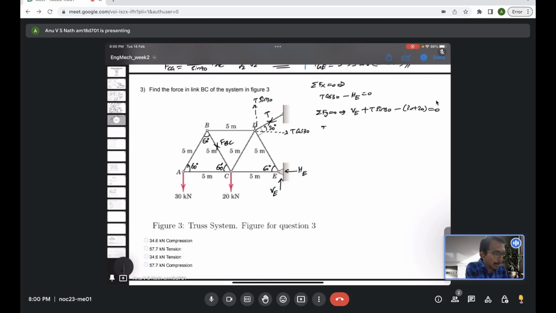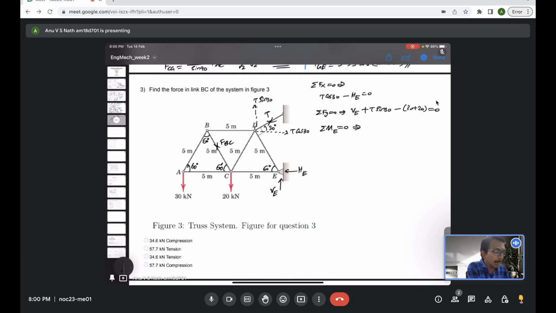Now the sum of the moments about any point should be 0. I could take any point, but let me choose the moment about E equal to 0. The horizontal reaction at E and the vertical reaction at E don't have a moment about E, so it will be 0.